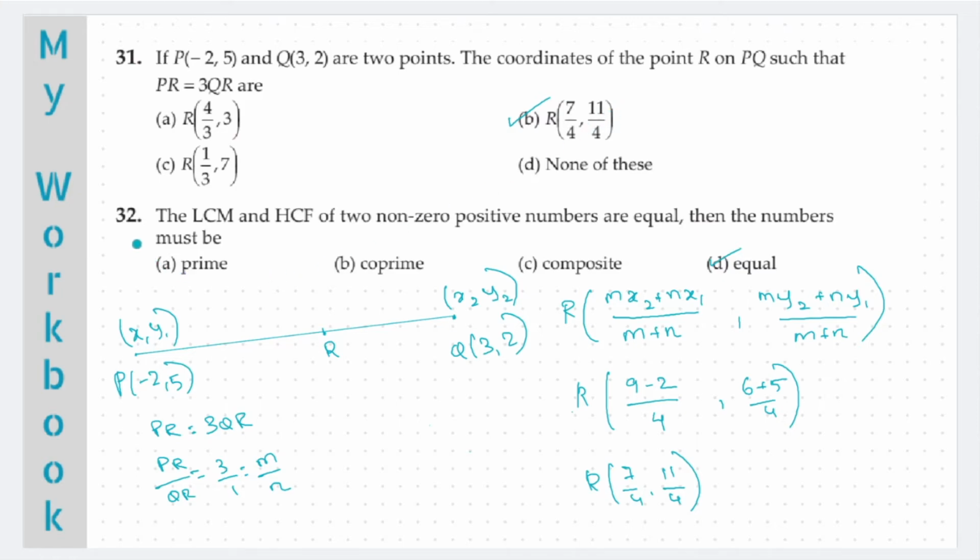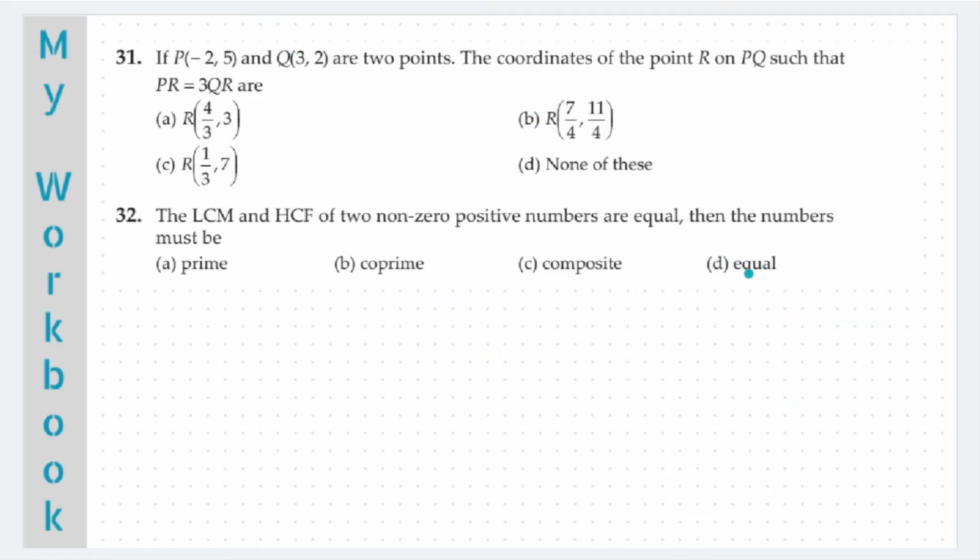Then in the 32nd question, it's given that the LCM and HCF of the two numbers are equal. So the LCM and HCF will be equal only when the numbers are equal. So option D, numbers are equal, is the correct answer.